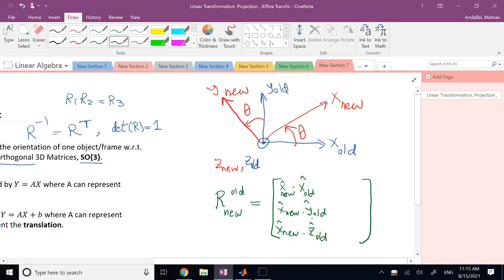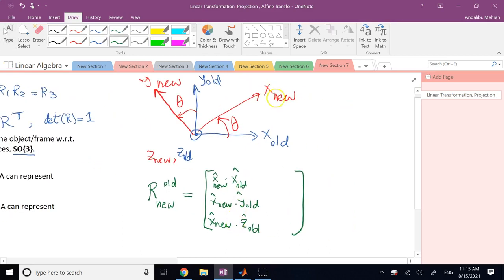So the first column tells me if I want to write this x new in terms of x old, y old, and z old, how much each component will be, correct? So this describes this new x in terms of all of the old frame axes.